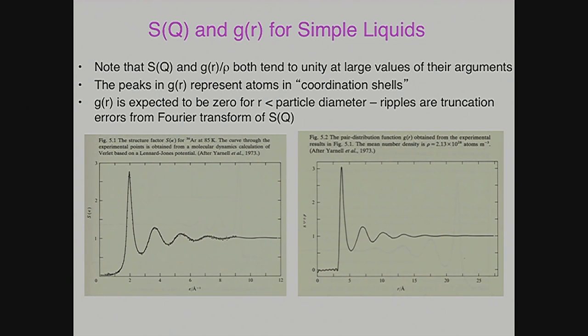And then at some short distance apart, there's a much bigger than average probability. The average is normalized to 1 here, so at some big distance, this is just the average density of the liquid. And so you can see there's a first shell of atoms surrounding the atom you're thinking about, and then further shells out here. So that's what you measure if you measure S of Q on a liquid, for example.